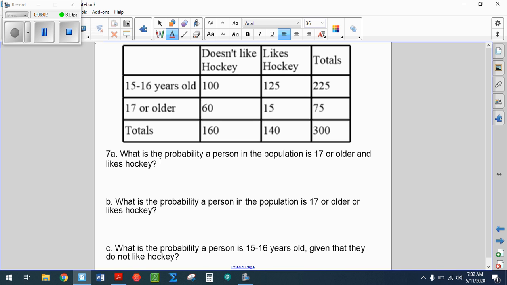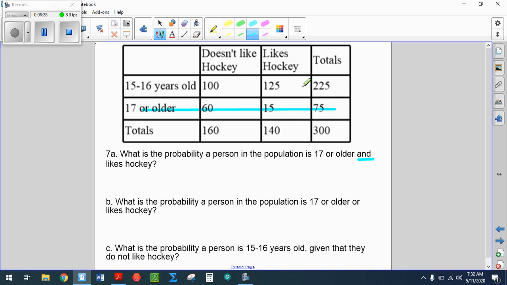7a. What's the probability the person in the population is 17 or older and likes hockey? Reminder, when we're doing an and problem, you're going to look at the intersection of the 2 rows and columns. So 17 or older and likes hockey.